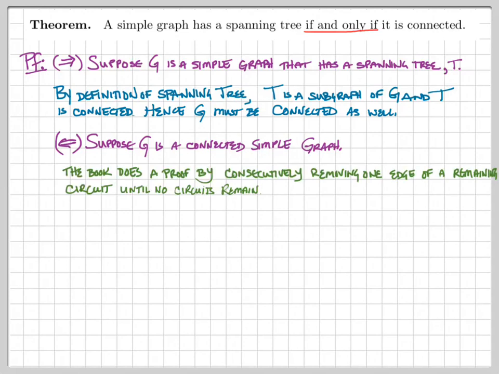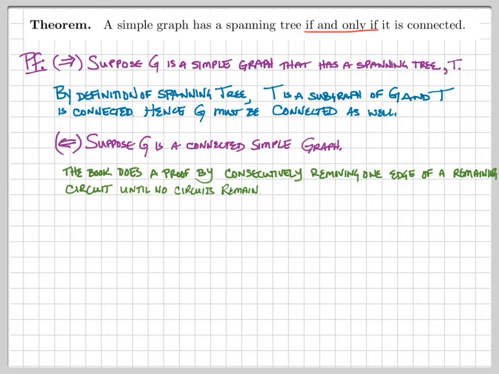what you want to do is consecutively identify a cycle and then remove one of the edges of that cycle or circuit. Because when you remove the edge of a circuit, the graph you have remains connected.